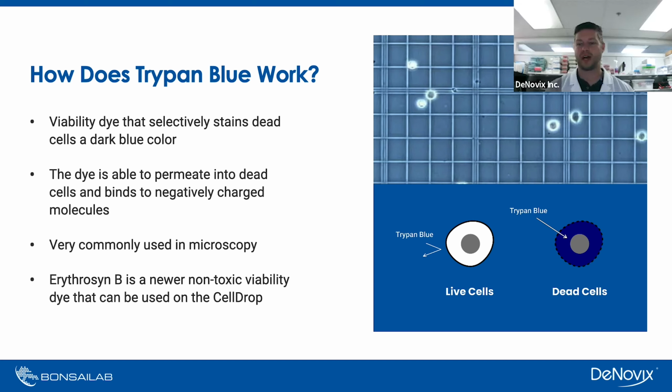This is very commonly used in microscopy and a very common technique for counting live dead cells for at least 50 years now. And I just want to highlight a different type of dye that works very similarly. It's called erythrosin B. Trypan Blue does tend to be toxic. So erythrosin B can be used on the CellDrop, and it's a non-toxic alternative.